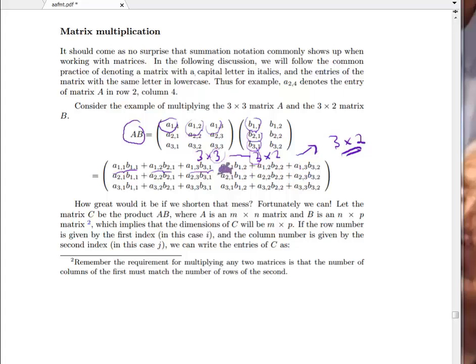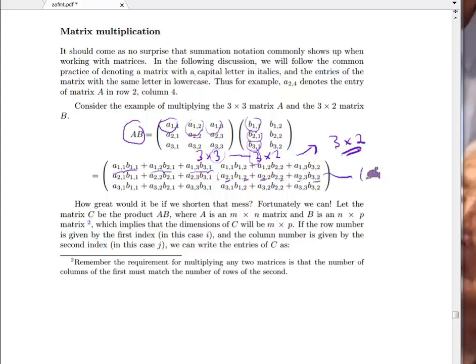Well, look at this one, for instance: A21B12 plus A22B22 plus A23B32. In all cases, the first index of A is 2, and the last index of B is 2. 2 and 2 here, 2 and 2 here, and 2 and 2 here. Now, where is this entry located?